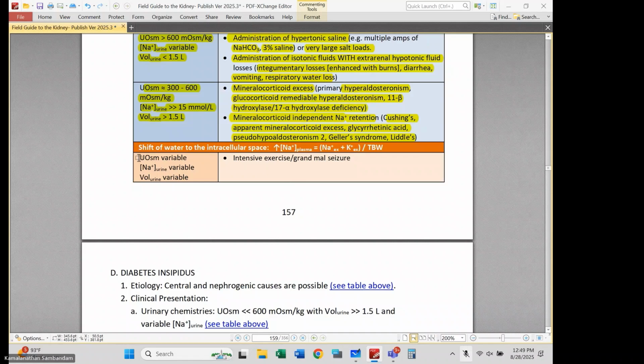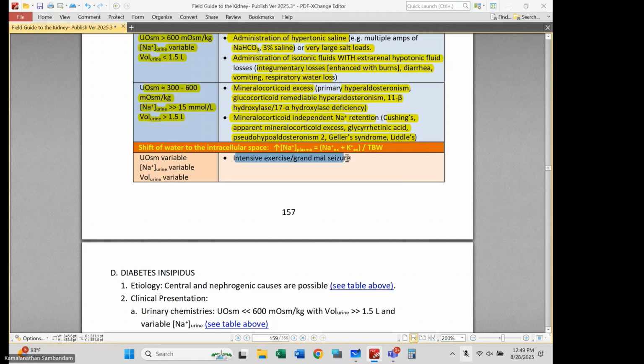Okay, so finally, shift of water into the intracellular space. These would be patients who, by total body parameters of salt and water balance, have no problem with total body content of salt and water. It is simply water that is shifted into the cells.